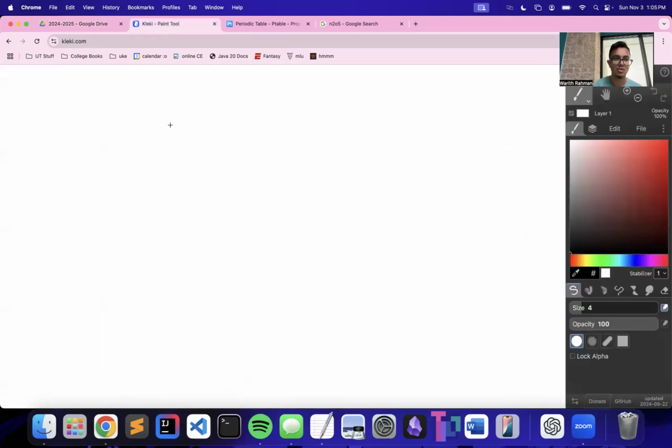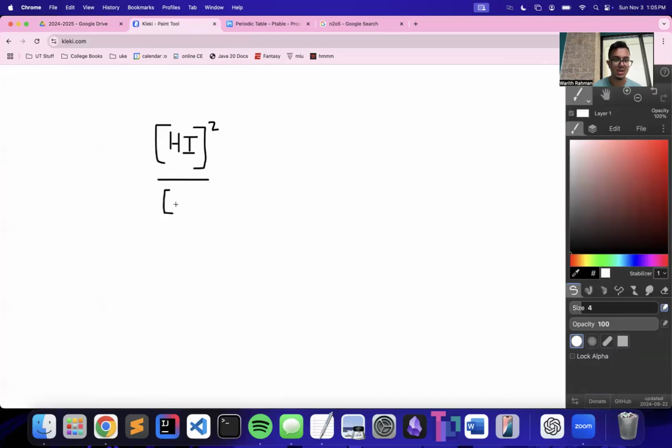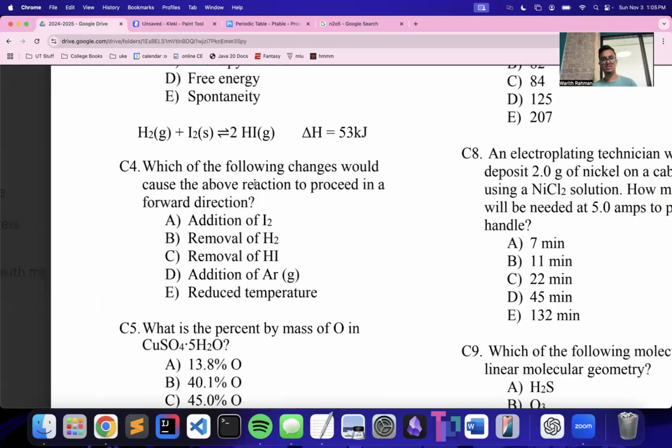So it would be the concentration of HI squared, because we have 2 moles of those, divided by just the concentration of H2. And because diatomic iodine is a solid, it's not going to affect our equilibrium constant, which means that even if we add I2 into this reaction, it won't suddenly proceed in the forward direction.